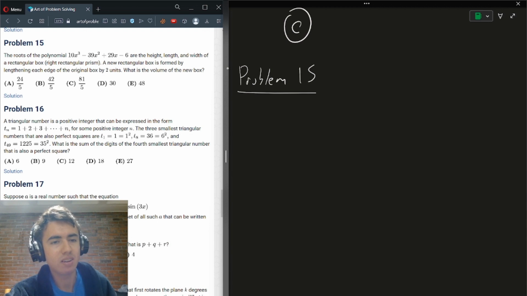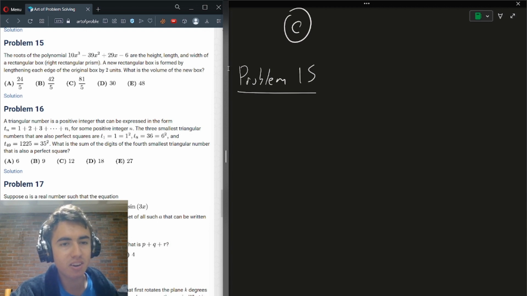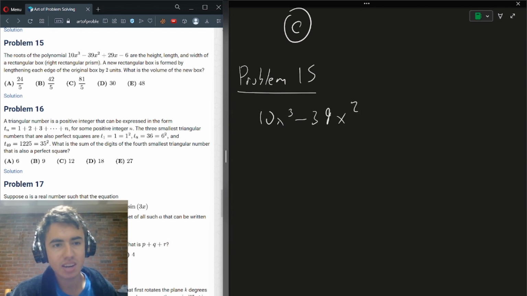So instead, let's remember Vieta's formula, which says that the product of the 3 roots of the original polynomial is just going to be the constant divided by the term of the highest exponent. So the product of the roots is -6/10.